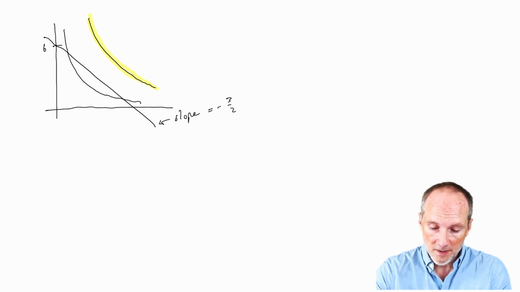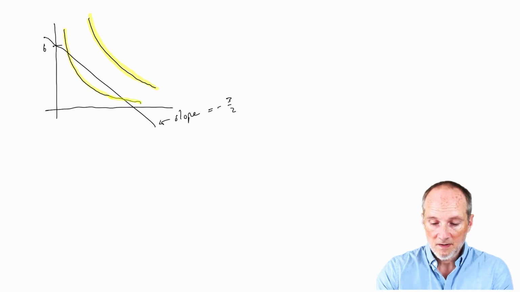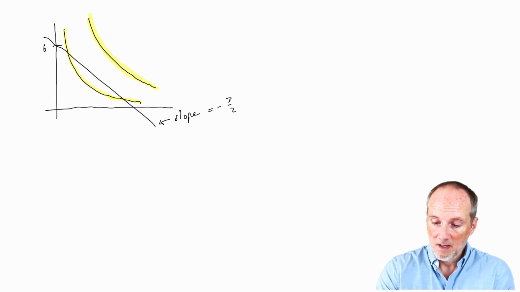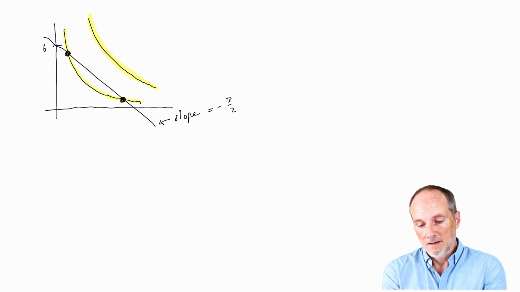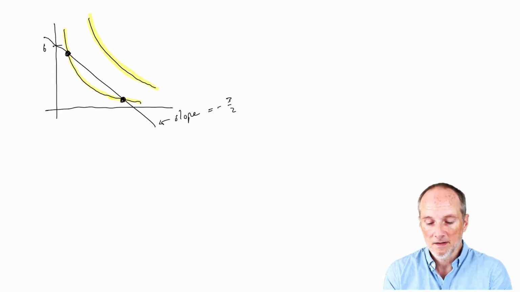The lower one, well, now we can choose xy pairs that satisfy the constraint, namely, here's one, here's another. So there are two xy pairs that achieve that level of the objective function and also satisfy the constraint.